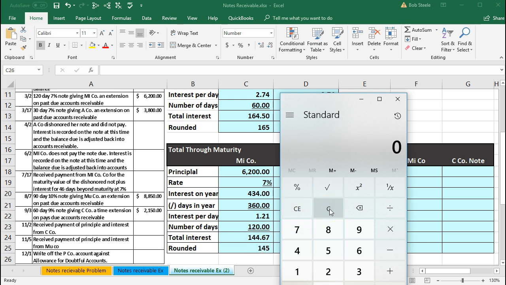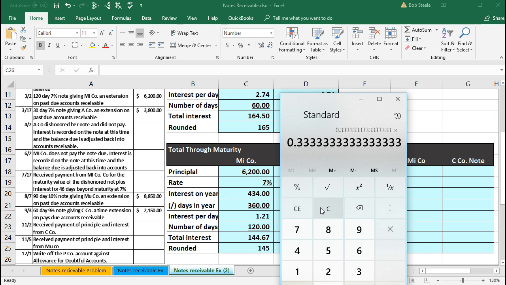We can also use the ratio calculations that a lot of textbooks would like to use, which would say that we have 120 days over 360 days, or 0.33, which could also be thought of as 4 months over 12 months, 0.33.